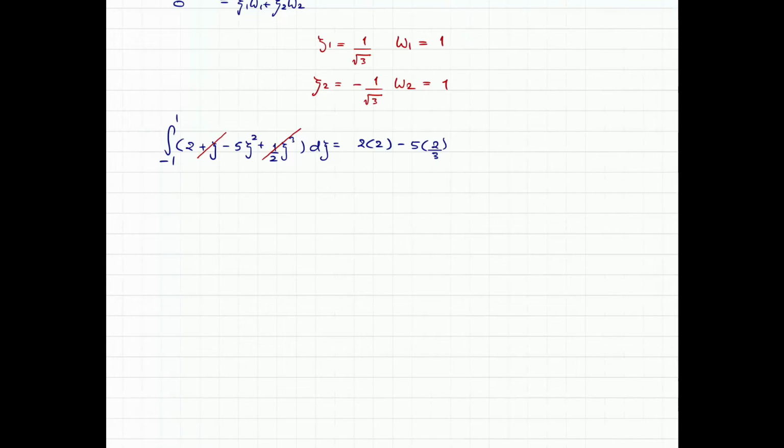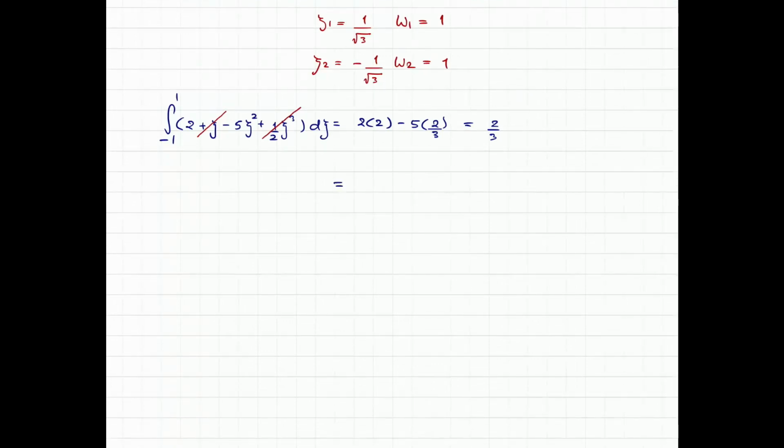C cubed over 3, so 2/3, is equal to 4, 12 minus 10, so it ends up with 2/3, right? That is the exact integration.